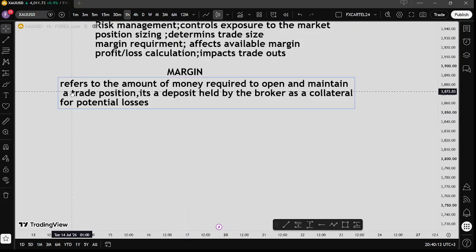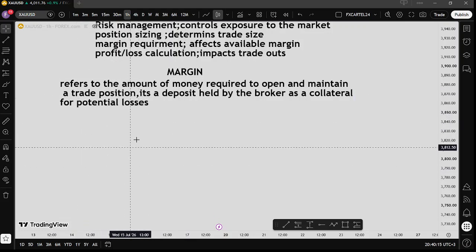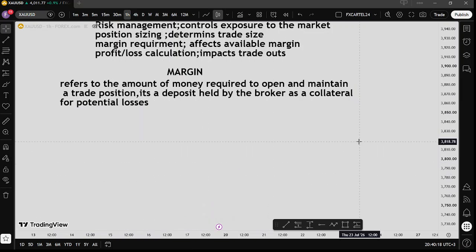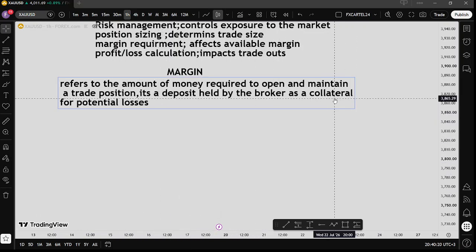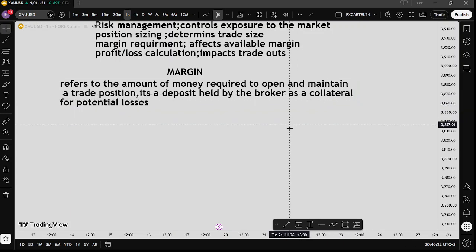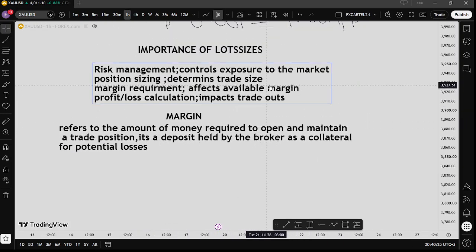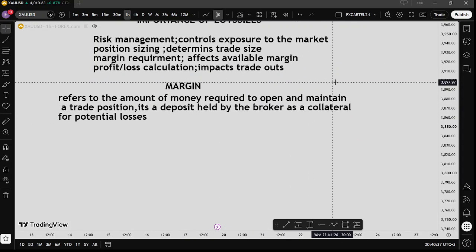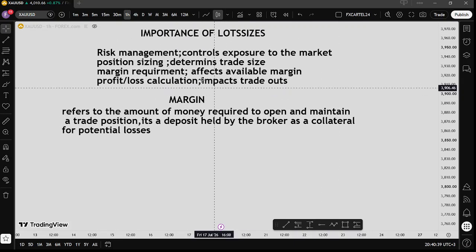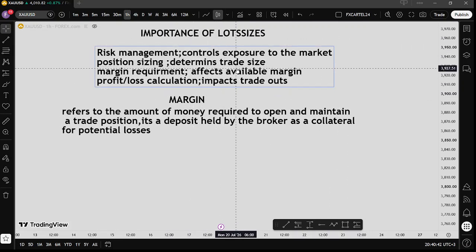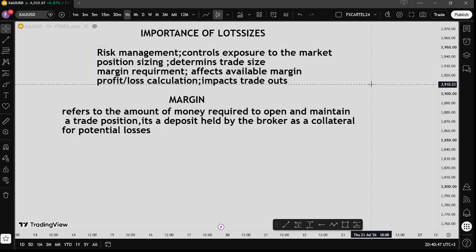This is like they are going to lend you money to run the system because you have placed a collateral. So with the collateral that you have, you're going to use the lot size to input, so that this collateral maintains the position that you're going to enter. So when you enter a lot, it affects the margin.